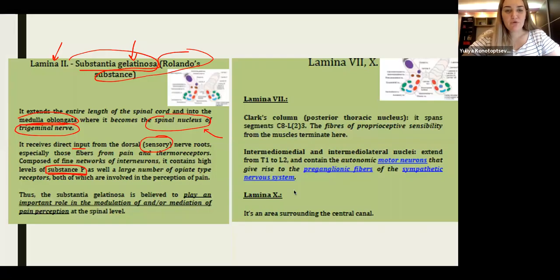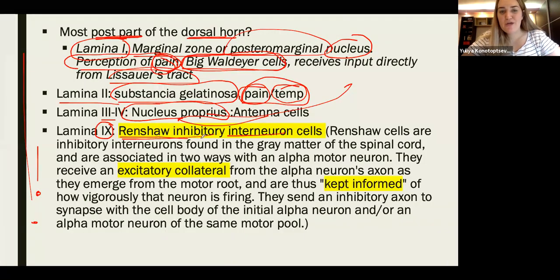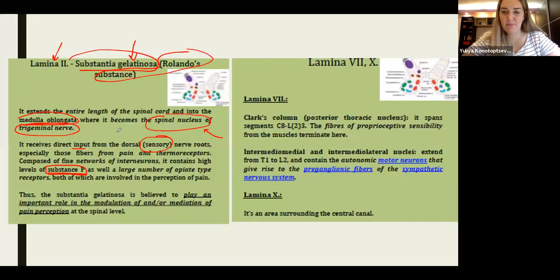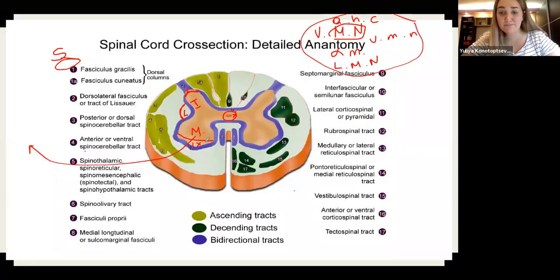Inside of lamina number 9, we have Renshaw inhibitory interneuron. Okay, so in the lamina where I am, in lamina number 9, here I have interneuron. And when this motor neuron receives input that it needs to stimulate skeletal muscle, the axon leaves, right, in the ventral root, in the spinal nerve, peripheral nerve, it goes all the way to the skeletal muscle.